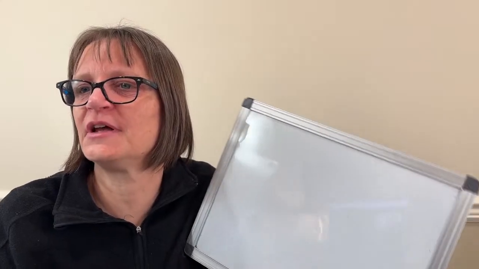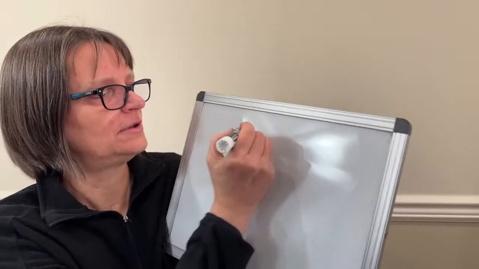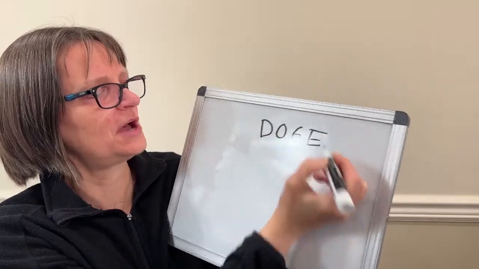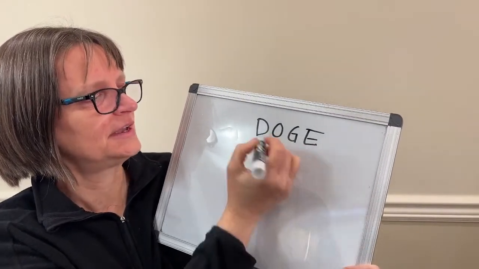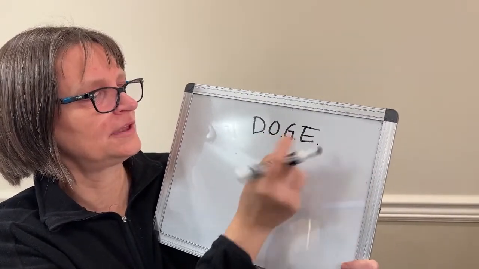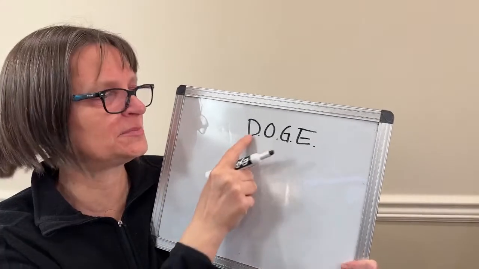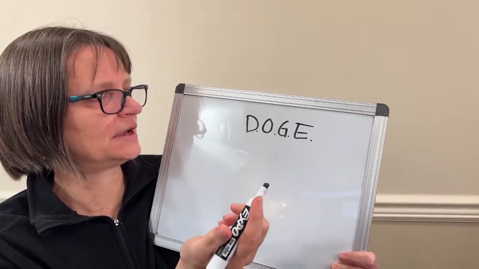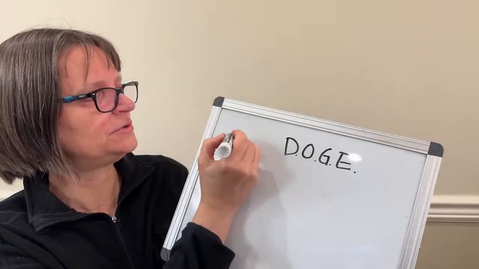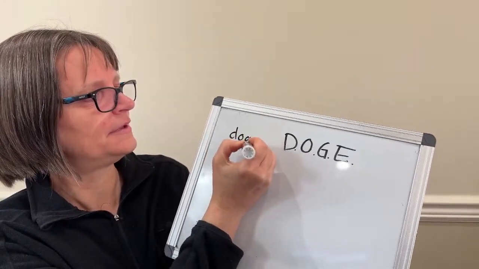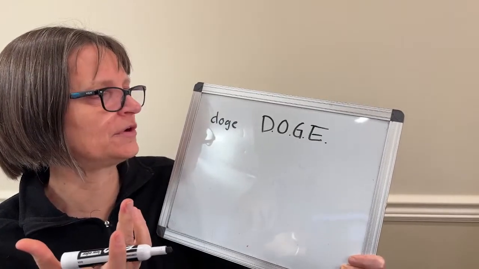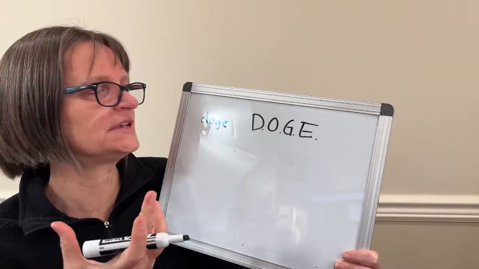Okay. We have a question about Doge. So there's a couple ways that people pronounce this. It's currently an acronym for the Department of Government Efficiency. It's a nod to Doge coin, which was one of the early cryptocurrencies.